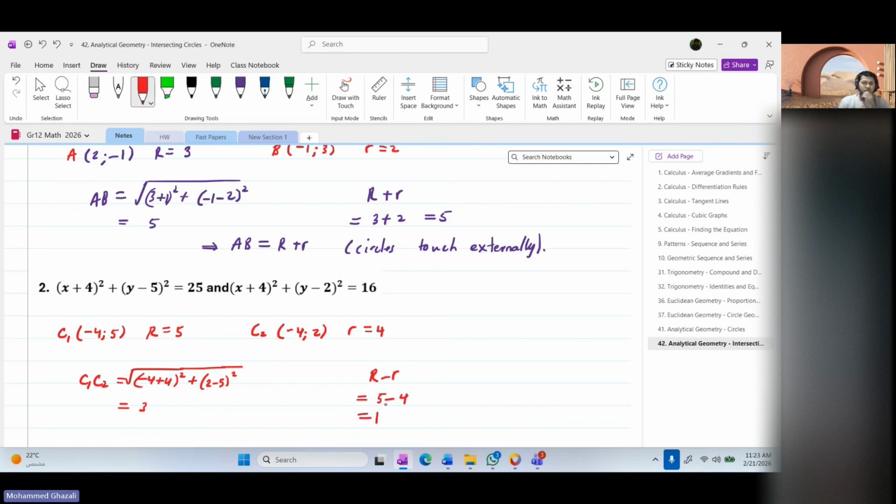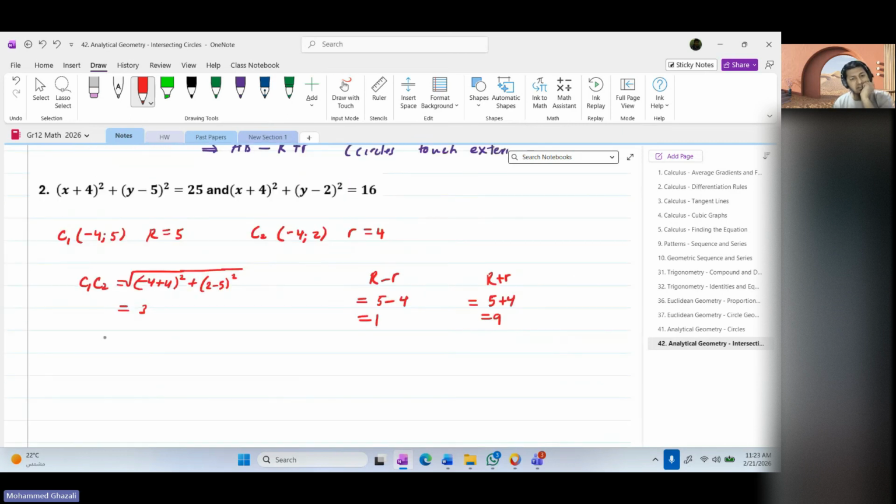And now I need to find R plus r, which is 5 plus 4, which is 9. So the value of 3 is between 1 and 9. So they intersect. So you can say R minus r is less than 3, which is less than C1C2, the distance between the centers, which is less than R plus r.